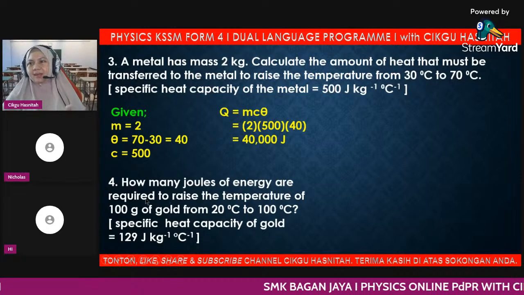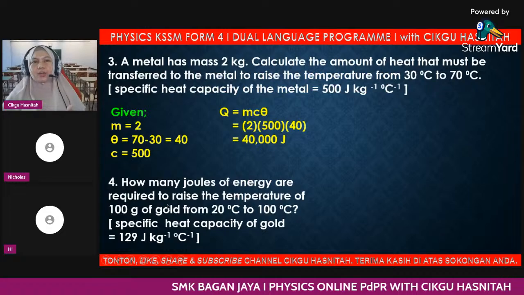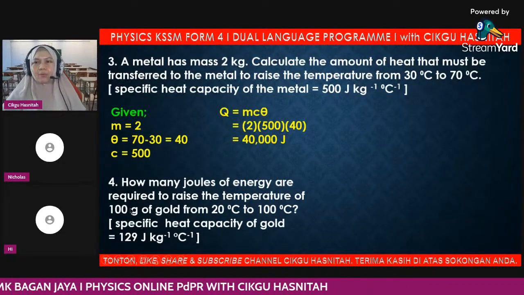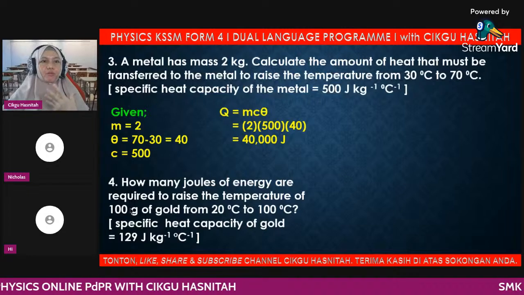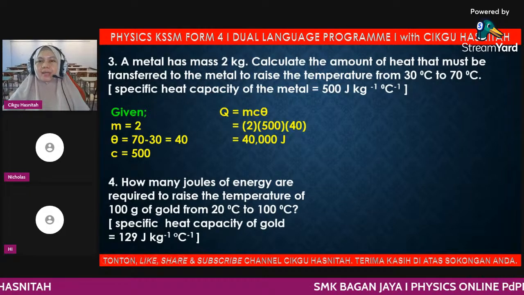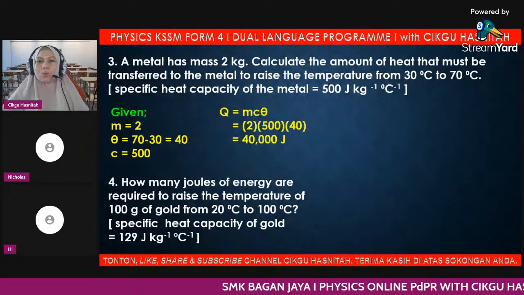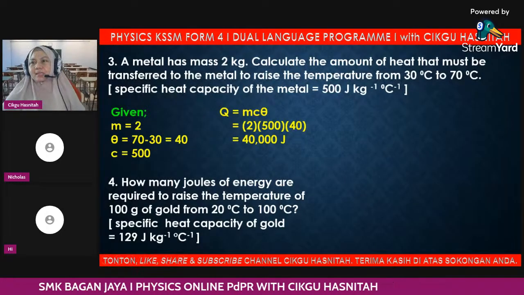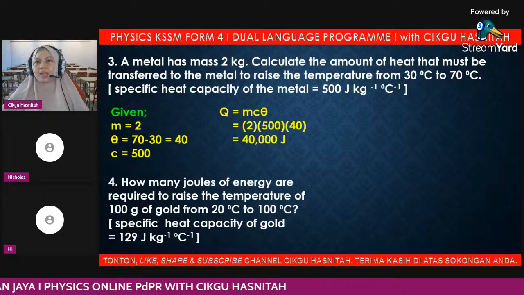Okay, how many joule of energy are required to raise the temperature of 100 gram of gold from an initial temperature of 20 to a final temperature of 100, given the specific heat capacity of gold is 129?